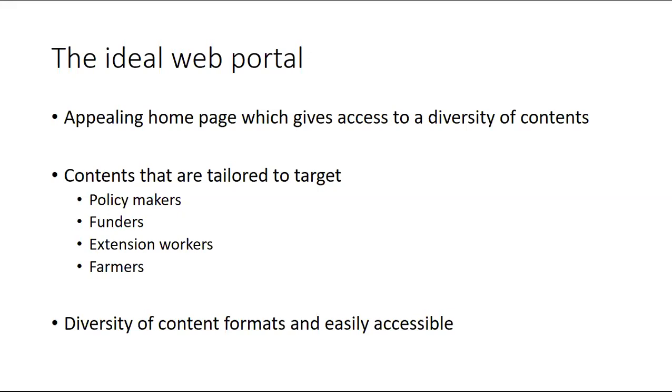They should see something attractive and appealing to them that makes them click and continue surfing on your web portal. If you don't have anything on your landing page that attracts these different stakeholder groups, then you might miss a new target. They will just go somewhere else.